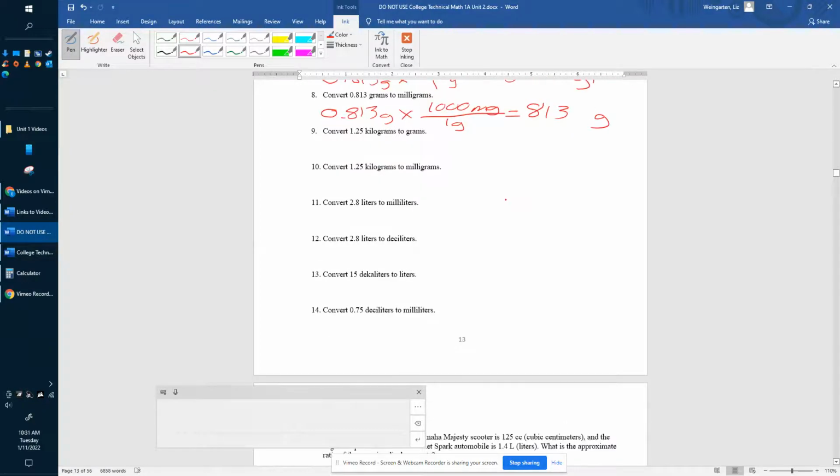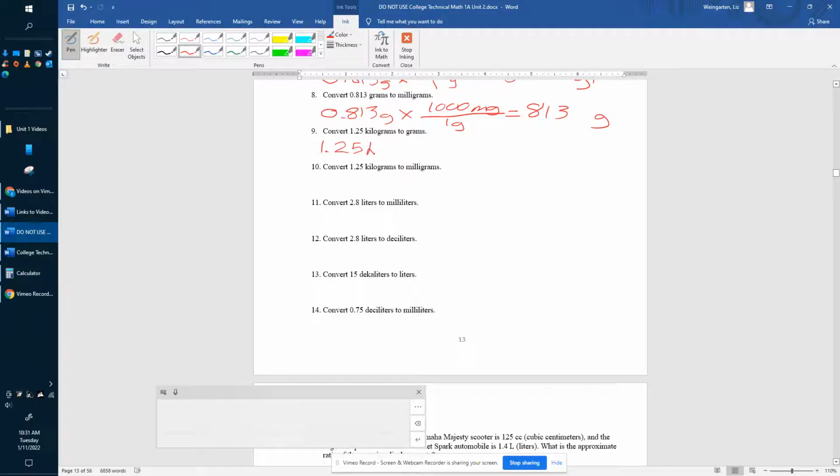Let's now convert 1.25 kilograms to grams. If you get comfortable enough with these that you can simply move the decimal point, feel free, but I'm going to continue using what's called dimensional analysis. That's what we're doing when we use all of these fractions.